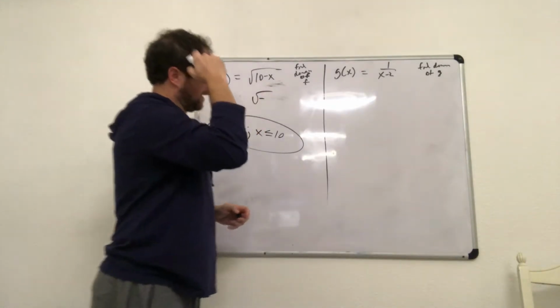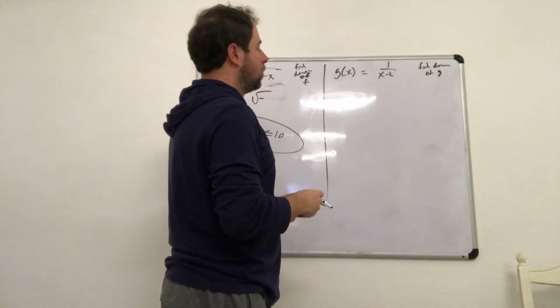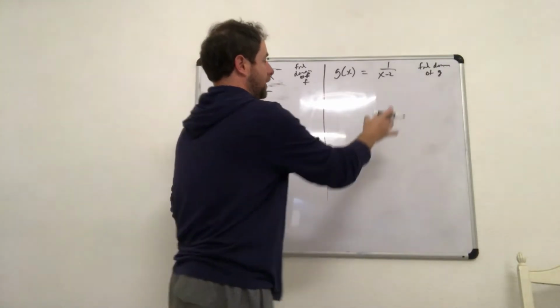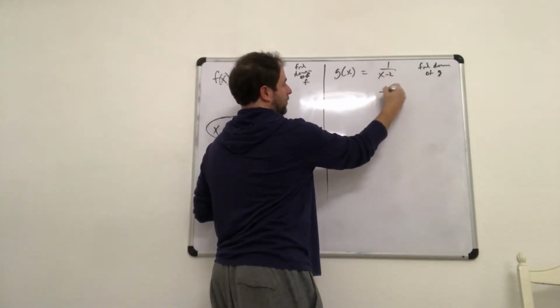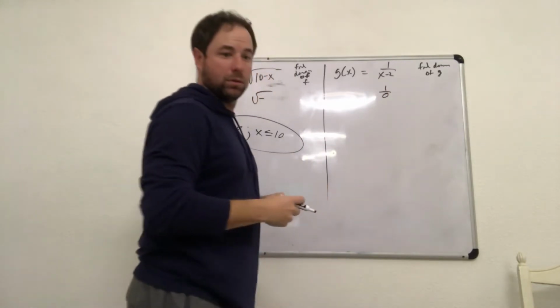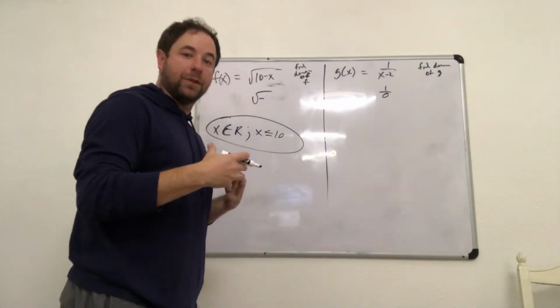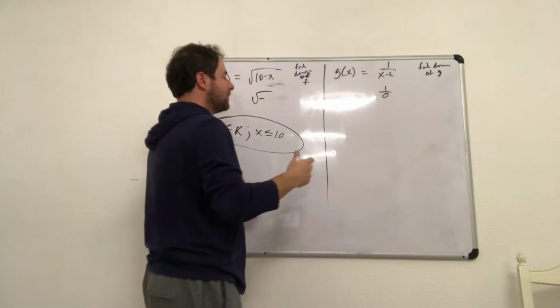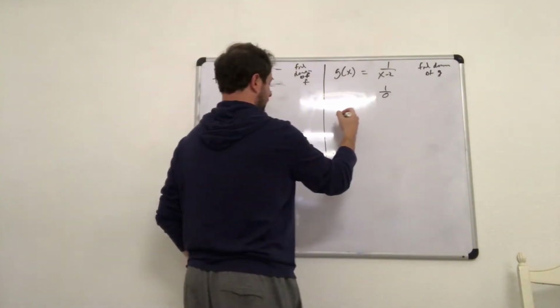Looking over at this next type, when it's in the denominator, what the result cannot be is 1 over 0. So any number that would cause the denominator to be 0 is going to make this invalid.